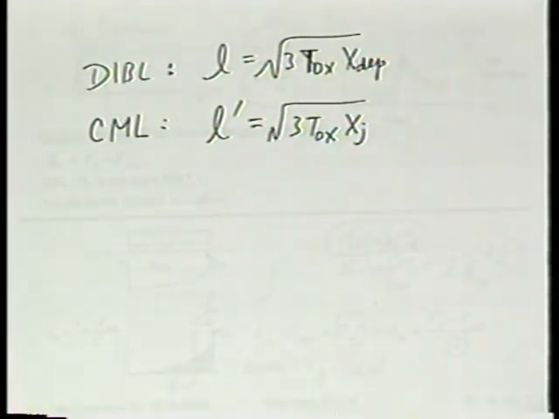Let me first emphasize the similarity. The similarity is that mathematically they came from very similar analysis. We're solving some kind of quasi-2D Poisson's equation using Gauss' law, yes? And they both represent some characteristic length of the rise of the electric field or voltage or potential in that exponential or hyperbolic sine, cosine manner. So that's the similarity.